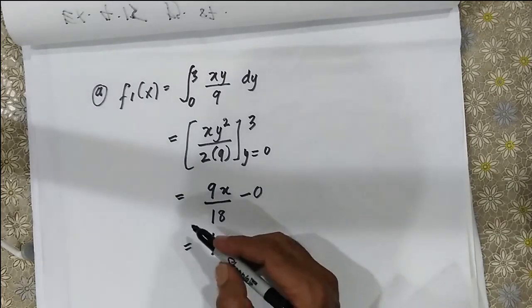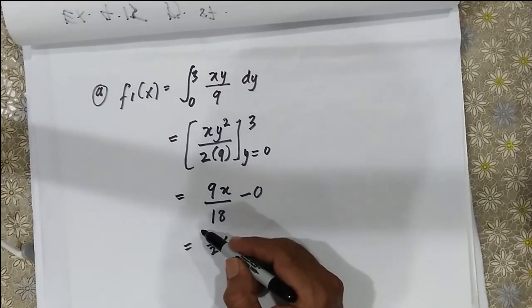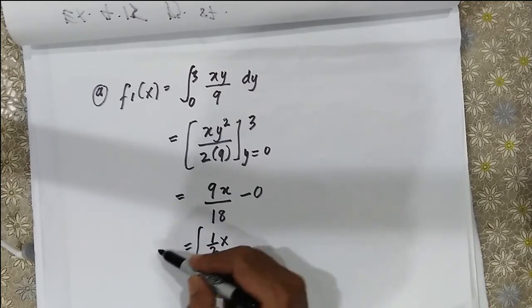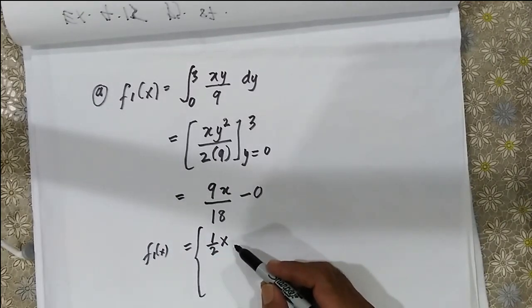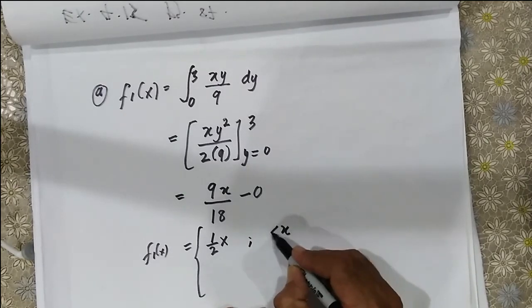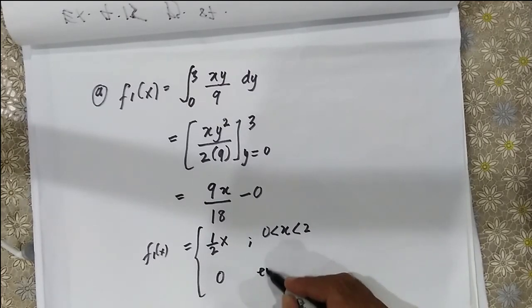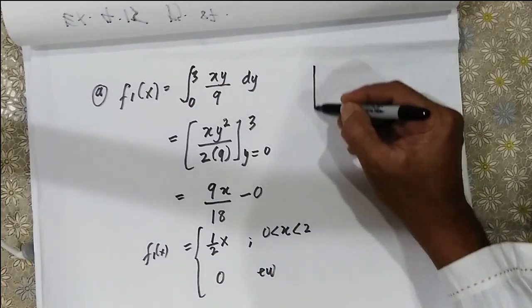If I want to put it in terms of the marginal probability function of x, f sub 1 x is equal to 1 over 2 x, where x is between 0 and 2, and 0 elsewhere. This is f sub 1 x.